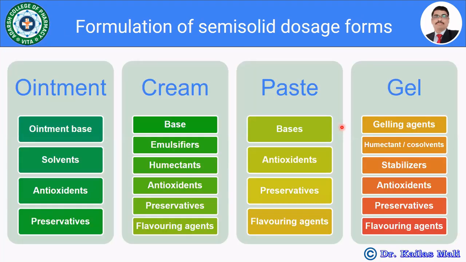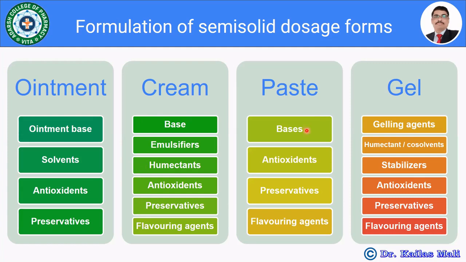So herewith we have finished the formulation of semi-solid dosage forms, which covers ointments, creams, pastes, and gels. Ointments are prepared with ointment bases, solvents, antioxidants, and preservatives. Creams, by using a cream base, emulsifier, humectants, antioxidants, preservatives, and flavoring agents.